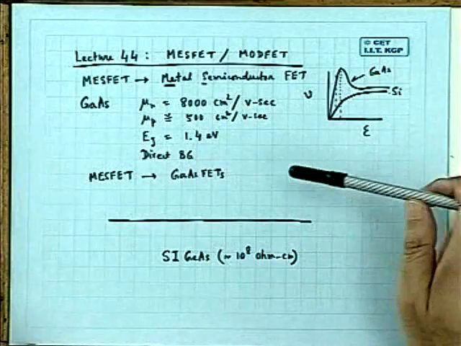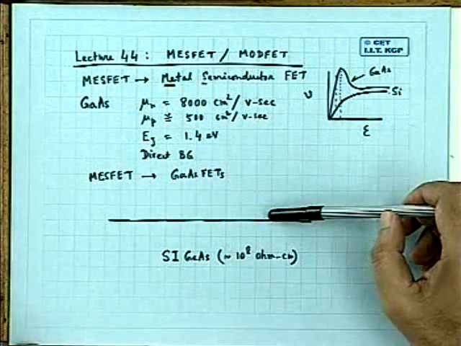In fact, if you take pure gallium arsenide, though you are assuming intrinsic gallium arsenide should have a very high resistivity, in practice due to the impurities, the resistivity will fall. But if you dope it with chromium, some impurity levels are introduced, and they compensate the semiconductor by a certain mechanism.